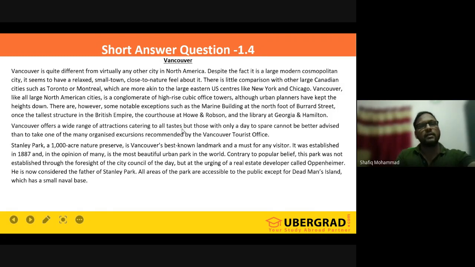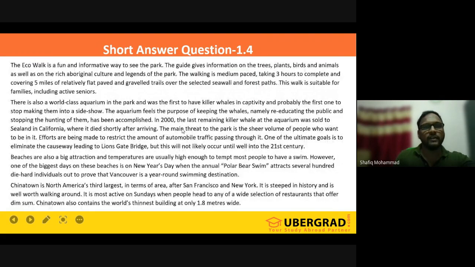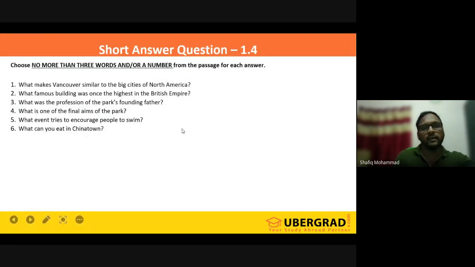For example, for this question, the second one is marine building. Only two words, right? You can't add another word because it's saying three words. If you add to it, it will not be suitable. So the famous building that was once the highest of the British Empire is obviously the marine building.